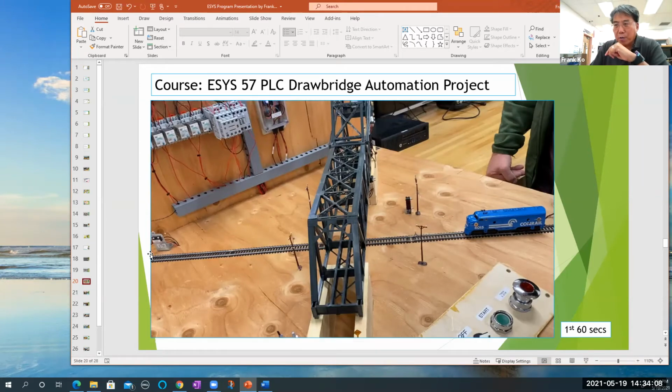And then on the return, when the train comes back in this direction, another sensor will pick it up, pause the train, and allow the drawbridge to go up. This is a great collaboration of team members' efforts and also applying what they've learned in the electronics lab.